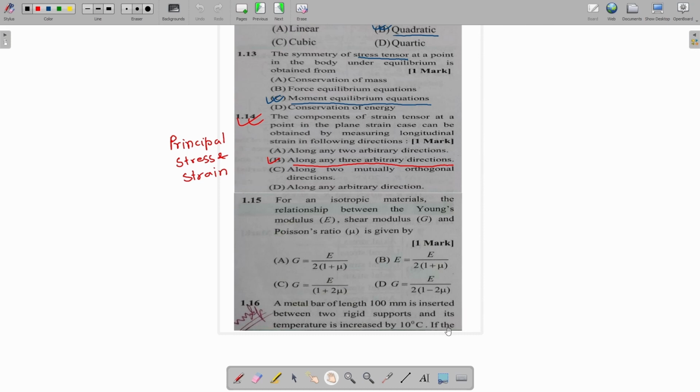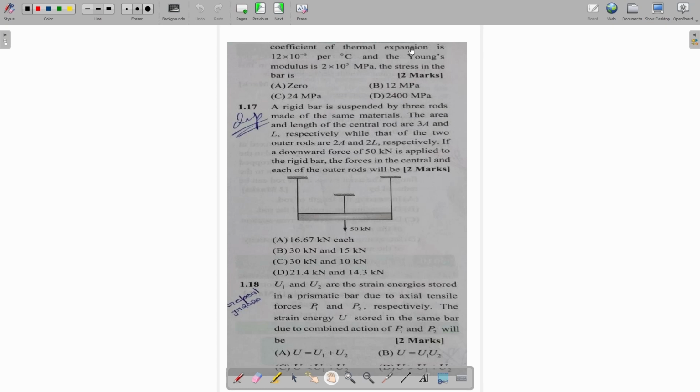If the coefficient of thermal expansion is 12 into 10 to the power minus 6 per degree Celsius and the Young's modulus is 2 into 10 to the power 5 MPa, the stress in the bar is given in MPa. Now, this question is a bit easy one. All you need to remember are 3 formulas for this.